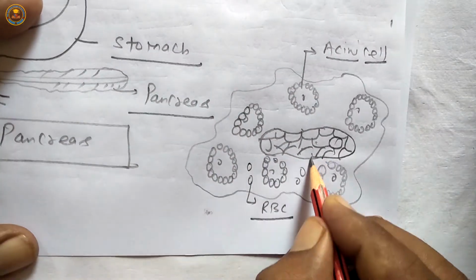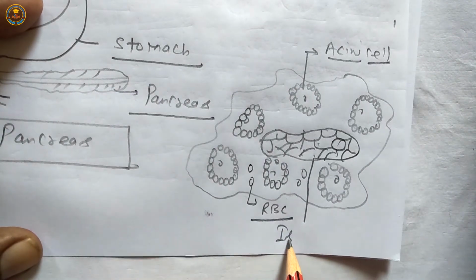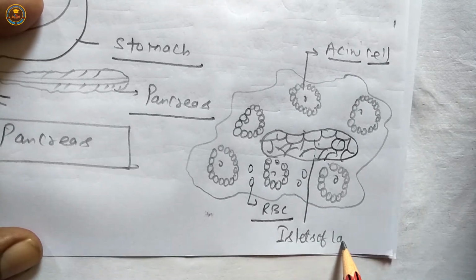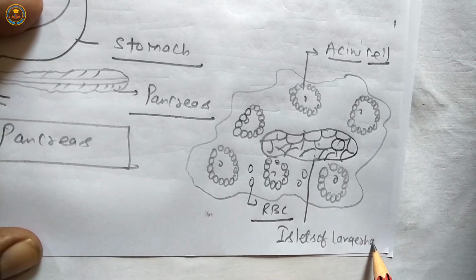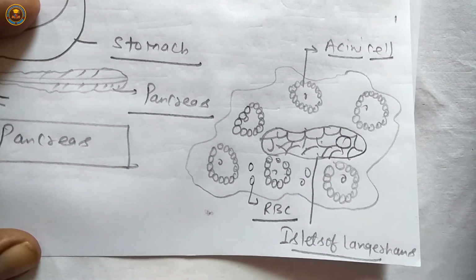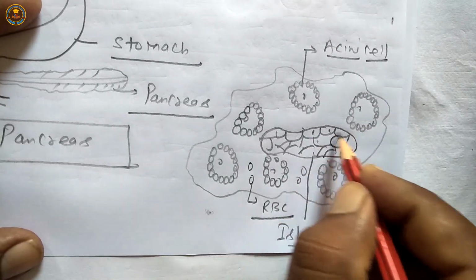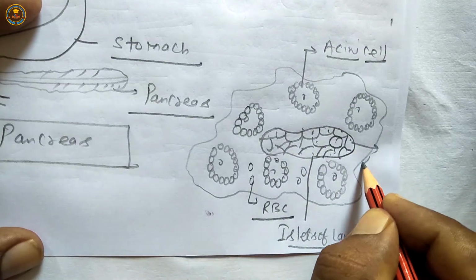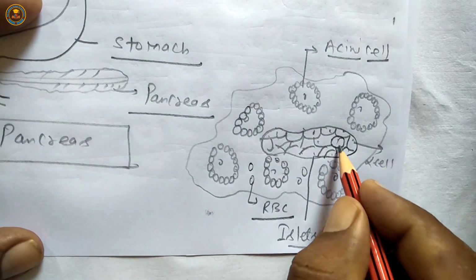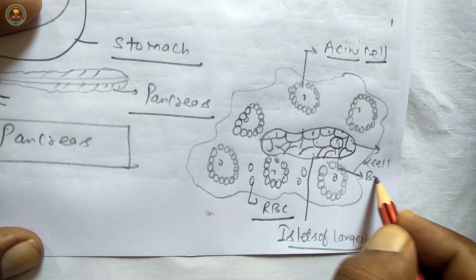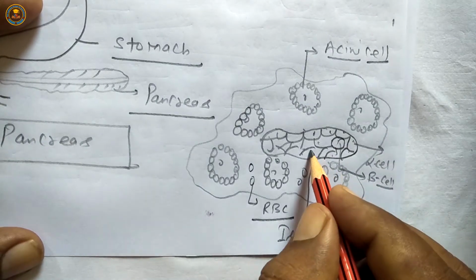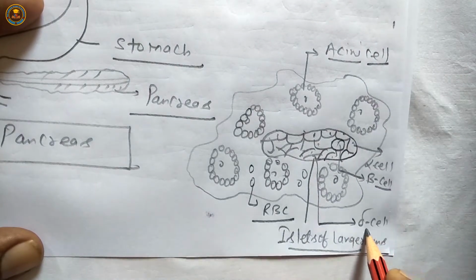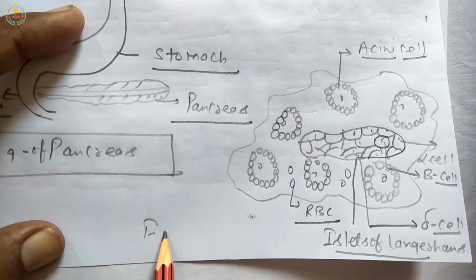Next, this is RBC, red blood corpuscles. Next, this structure is islets of Langerhans. In islet of Langerhans, mostly three types of cells: first is alpha cell, next is beta cell, and third is delta cell.